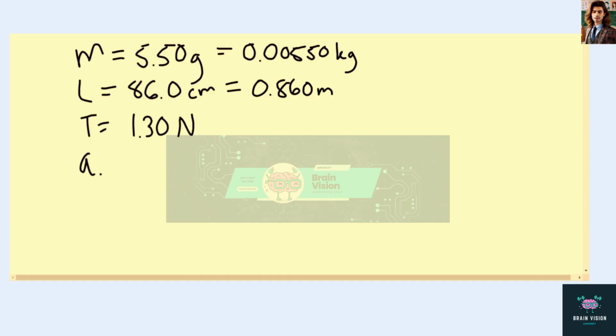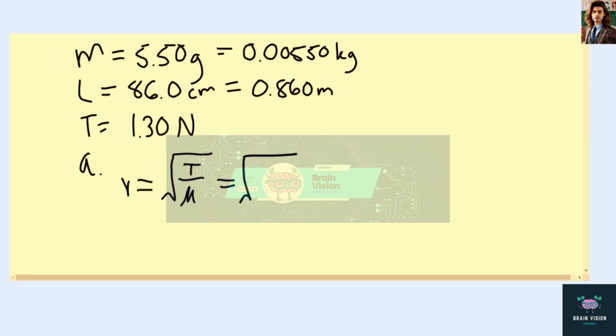And in part A, we're asked to find the speed of transverse waves in this string as it moves. This is a pretty straightforward part. We just need to remember that the speed of a wave in a string that's under tension is going to be equal to the square root of the tension force divided by mu, which is just equal to the mass of the string divided by its length.